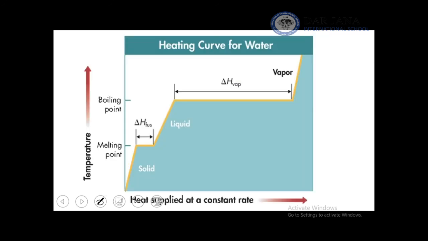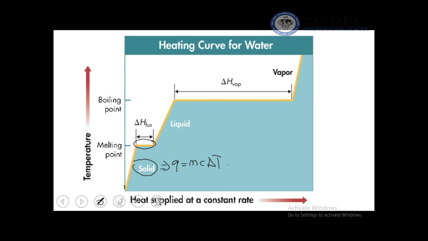The graph here allows us to understand the idea more. When you are heating up a certain solid, for the amount of energy the solid absorbed, you use the formula Q equals mc delta T. When the solid reaches the melting point, the solid will melt.